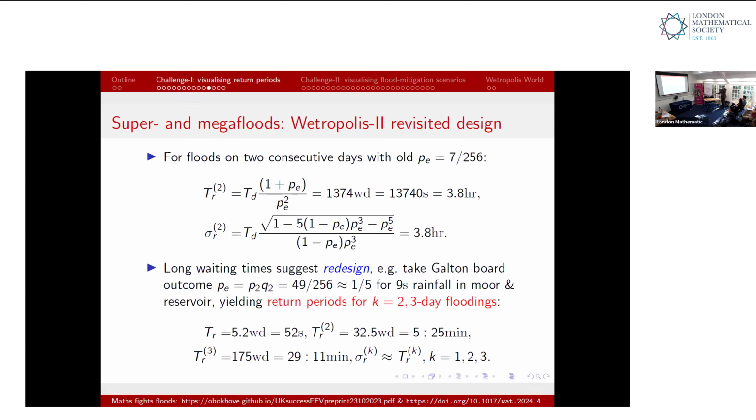I will show you the probability matrix again. And then the return periods for the different consecutive rainfall events are 52 seconds. That's a flood. About 5 minutes, that's a super flood. And then this one, which is very rare, a mega flood. That just makes the visualization more interesting. But that's the game, right? I need to visualize it for the public.